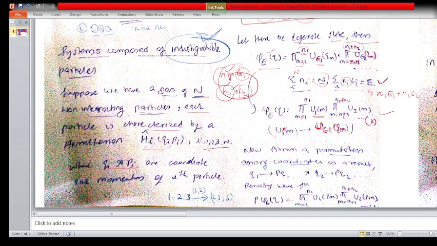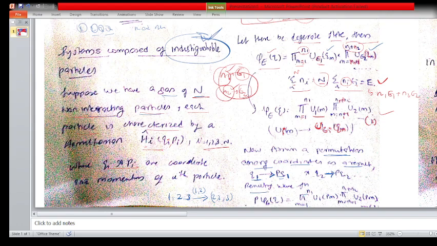So assuming a permutation among coordinates, q1 will become p times q1 and q2 will become p times q2. We are applying a permutation and changing the coordinates qm, so q1 changes to pq1 and q2 changes to pq2 after permutation.